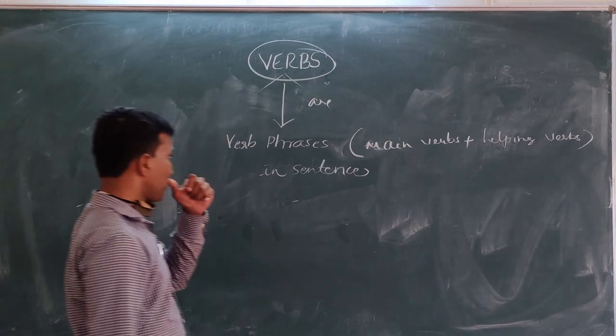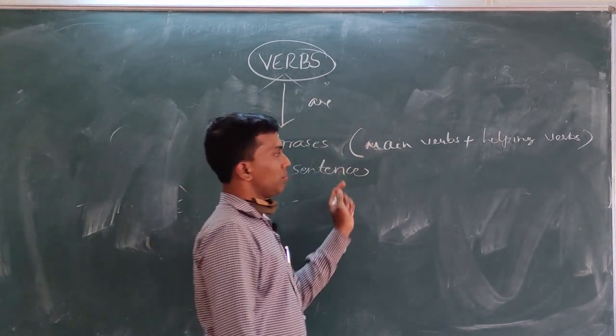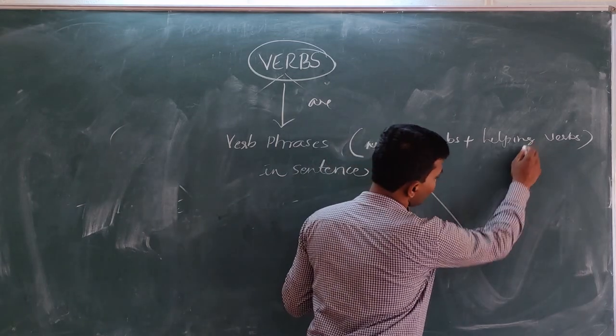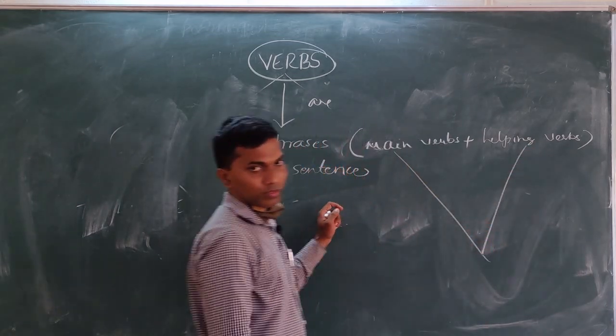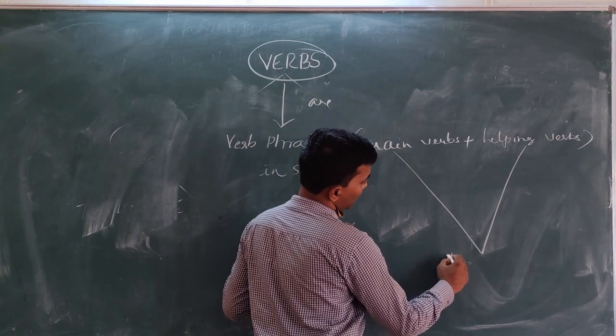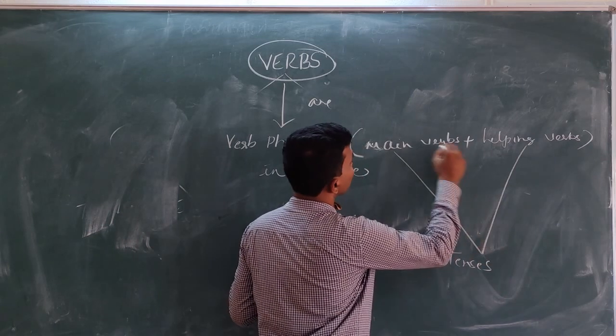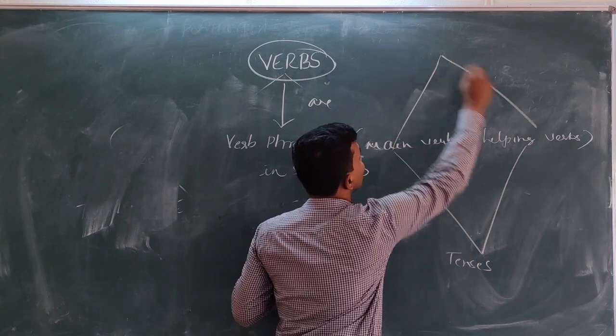A verb phrase is a combination of a main verb and a helping verb. When we have these two, what is formed is tense.